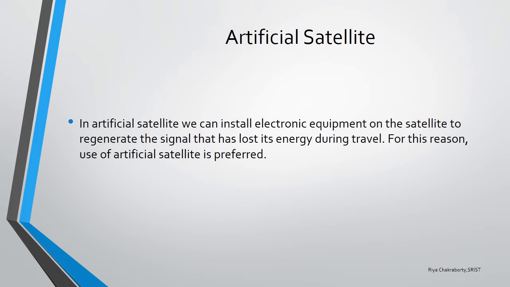For this reason, an artificial satellite is preferred. Another restriction on using a natural satellite is its distance from the earth, which creates a long delay in communication. So, an artificial satellite is preferred.